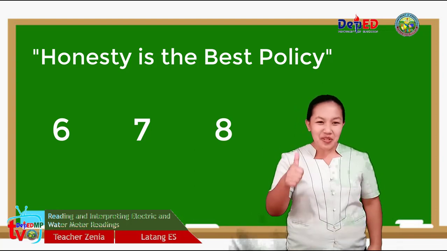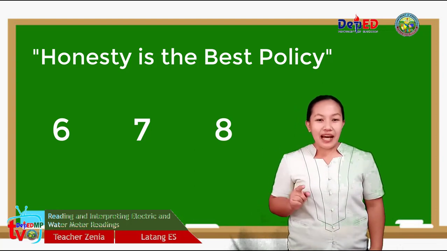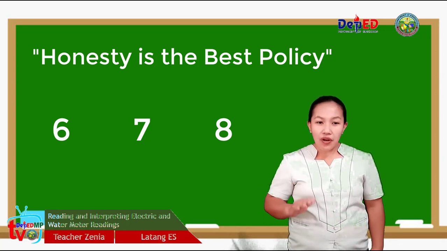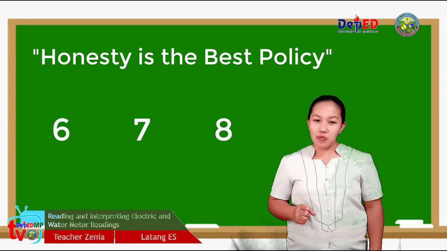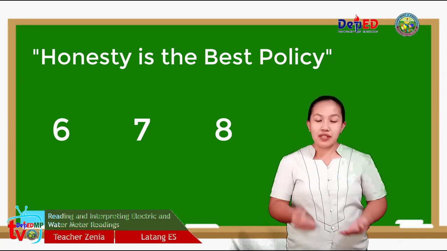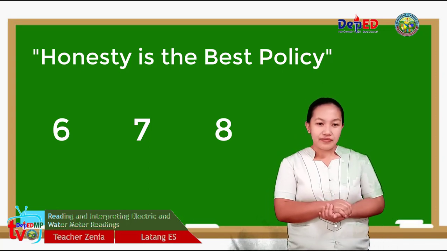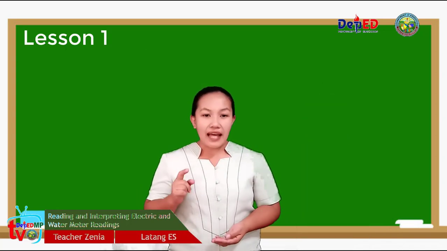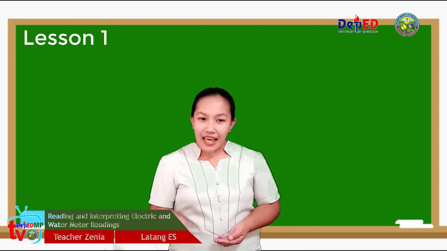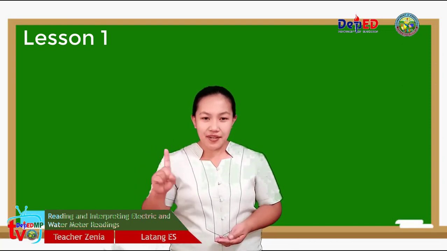Wow! Very good! If you got a score lower than 6, don't worry. You will learn more as we proceed with the lesson. Now that you are finished answering what I know, let's proceed to lesson 1.